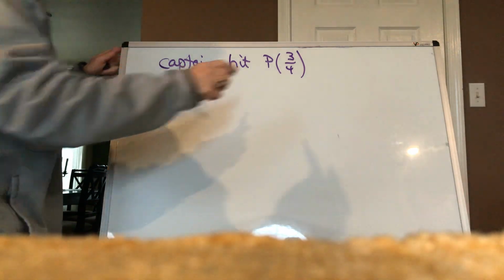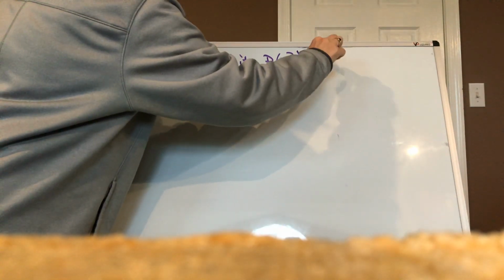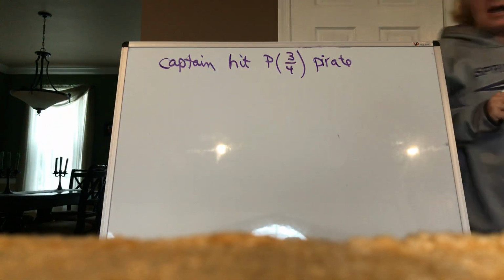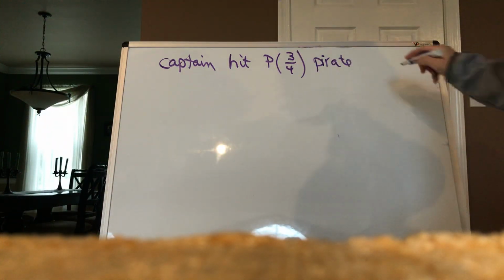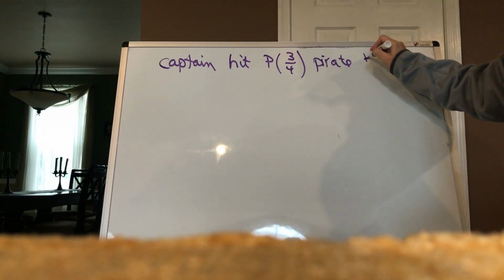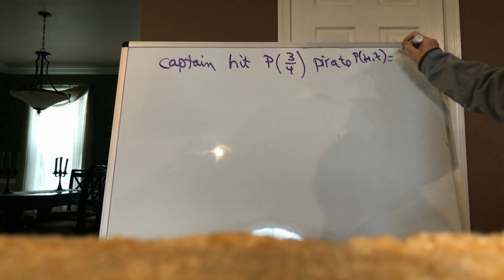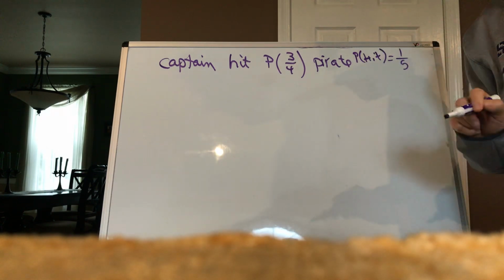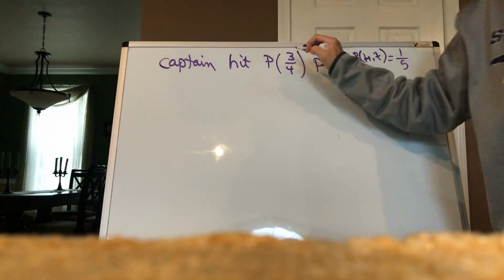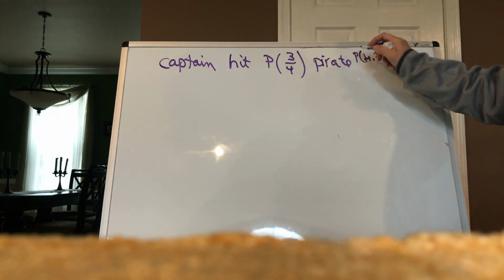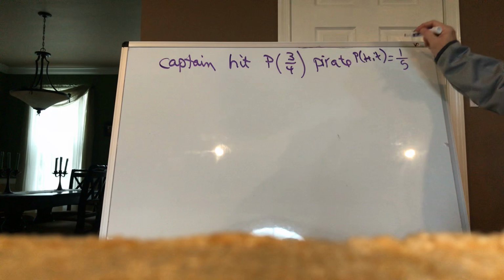Now, the pirate, he's got a bad eye. So when he tries to shoot the captain's ship, the probability of a hit is only 1 out of 5 because he's got a bad eye. So the captain is hitting the pirate ship with a probability of 3 out of 4, and the pirate is hitting the captain's ship with 1 out of 5 probability because he's got a bad eye.